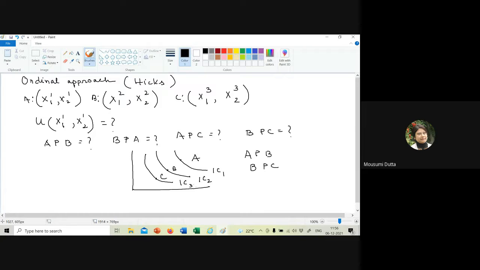So I can consider a function u of x, y plus c to present this set of indifference curves.